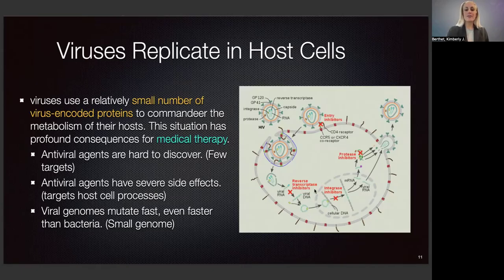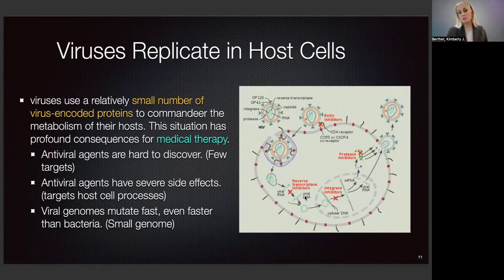Because our cells don't have this, it's an enzyme we can target for viruses. But there are very few viral targets to attack because they're using so much of the host cell machinery that we can't really separate them from it without affecting our cells. Antiviral agents, of which there are not as many, also can have pretty severe side effects.